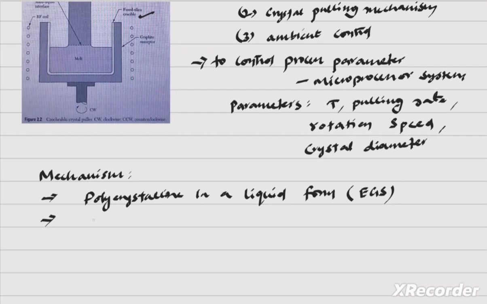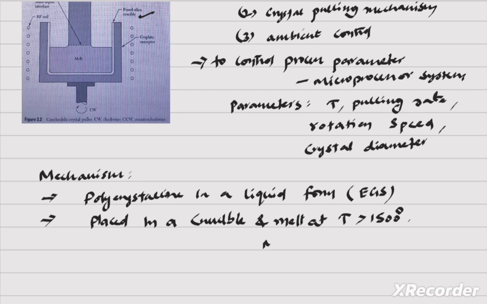This is placed in a crucible and melted at temperatures greater than or equal to 1500 degrees centigrade, because the melting point of silicon is 1410 degrees centigrade. To melt this, we have to keep the temperature a little bit more than the melting point of silicon.